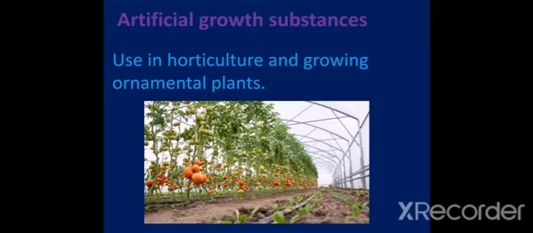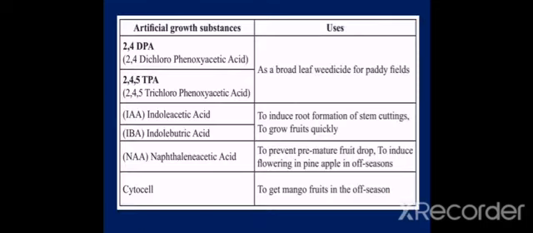Okay, we are going to discuss the last part of the lesson, that is artificial growth substances. They are used in horticulture and growing of ornamental plants. Here are some artificial growth substances and their use. 2,4-D and 2,4,5-T are used as broadleaf weedicides for paddy fields.